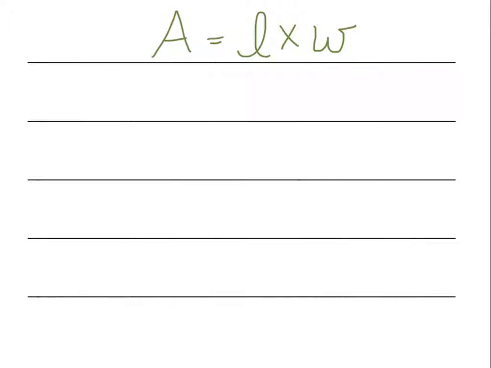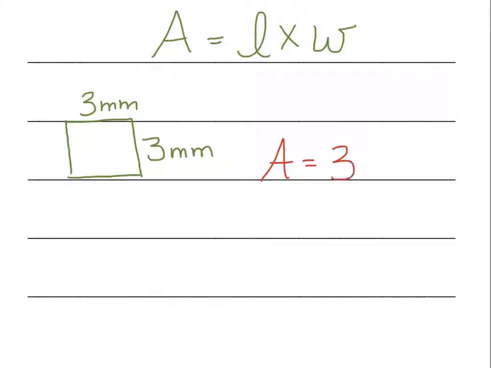if I said this piece right here is 3 millimeters by 3 millimeters, put those numbers into your formula and you would say area equals 3 times 3, so area equals 9.